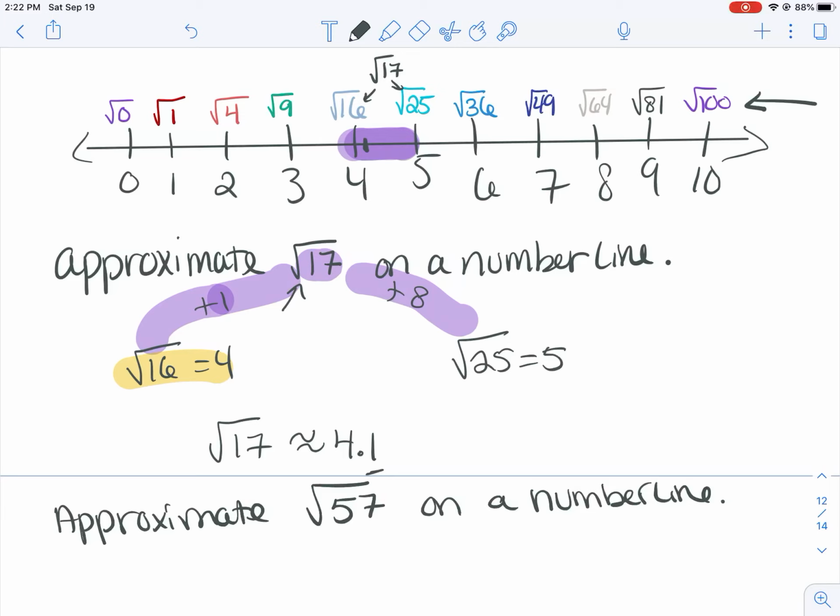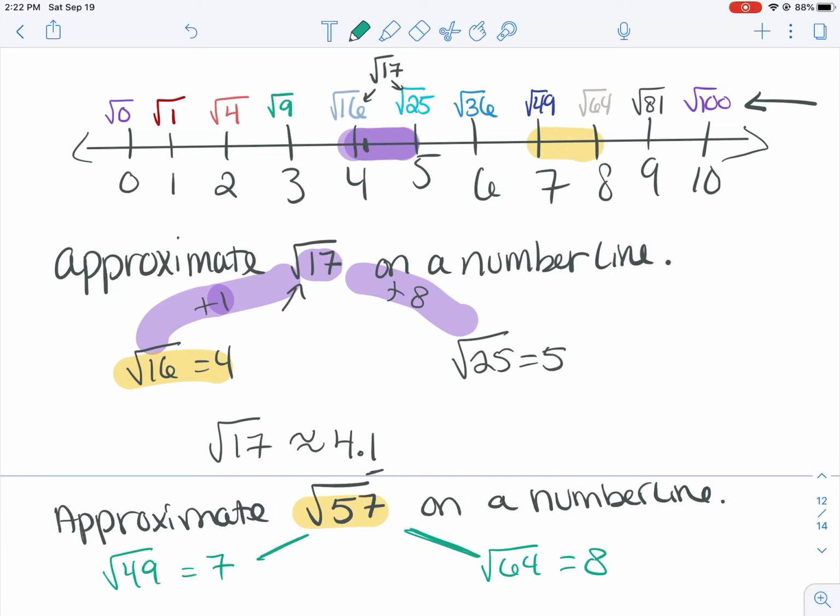So hopefully you've had a chance to think that through. If I look at the square root of 57 here, the square root of 57 has to be between the square root of 49 and the square root of 64. So we know the square root of 49 is equal to 7, and the square root of 64 is equal to 8. So the square root of 57 must be between these two things.